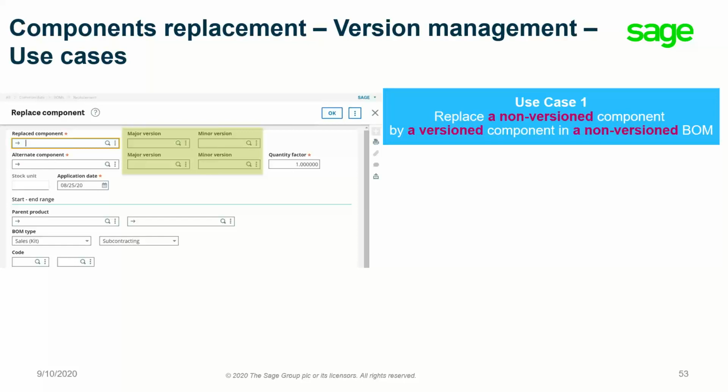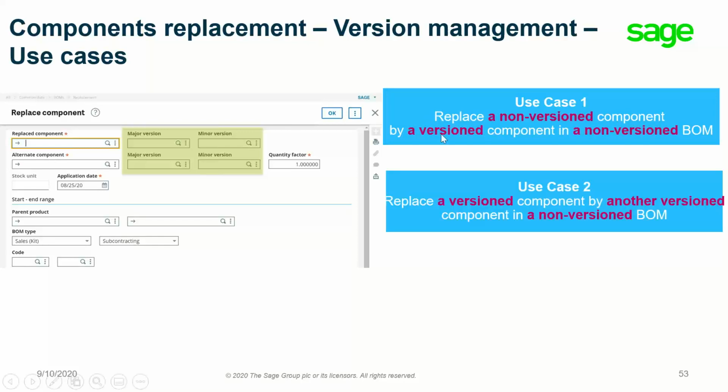The first one is that users can replace a non-versioned component. A component is a part of a BOM, a bill of materials. So users can replace a non-versioned component by a versioned component in a non-versioned BOM. We cover the real use cases we have discussed with some customers, our target persona.